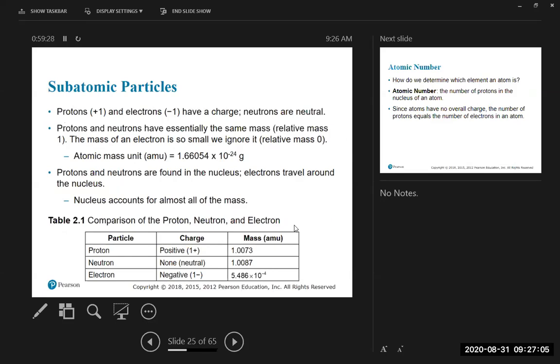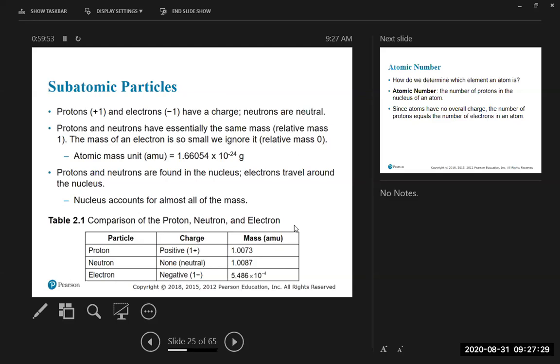When we talk about the mass, remember we showed the picture of that big space. We said most of the outer space is just void. The electrons are moving around there. The reason for that is the electrons have a very small amount of mass. If we look at the bottom, we see the protons and neutrons.